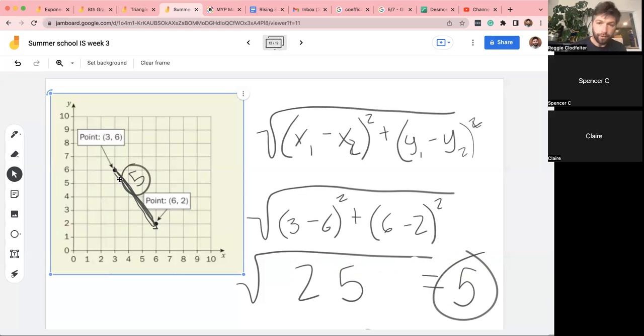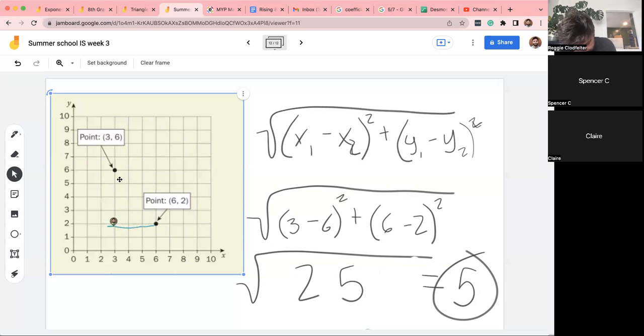So my distance formula, x1 minus x2 squared plus y1 minus y2 squared, add them together, and then finally square root it at the end. That's just a way to combine all the steps of the Pythagorean theorem into one formula. I first find my horizontal distance between the points.